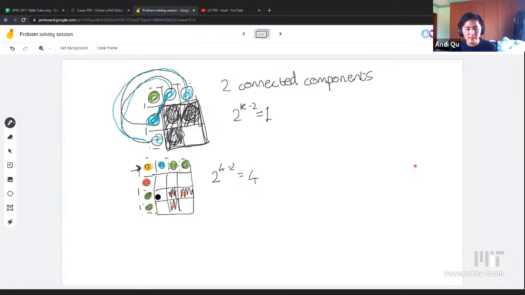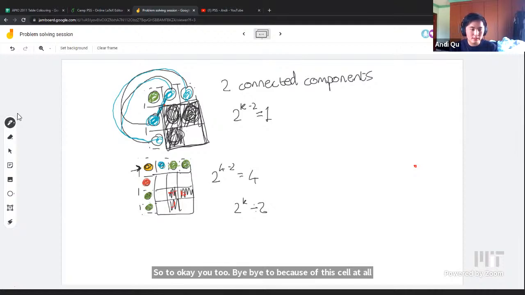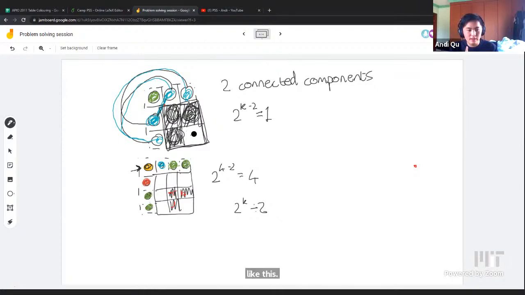And so we're double counting. So 2 to the k, you divide by 2 because of this cell. But also, if you have one connected component like this, then there aren't 2 ways to color it. There's only one way to color it.